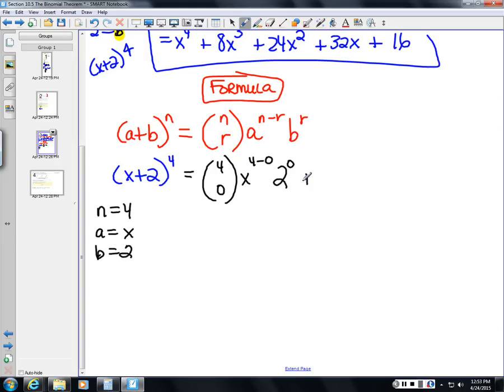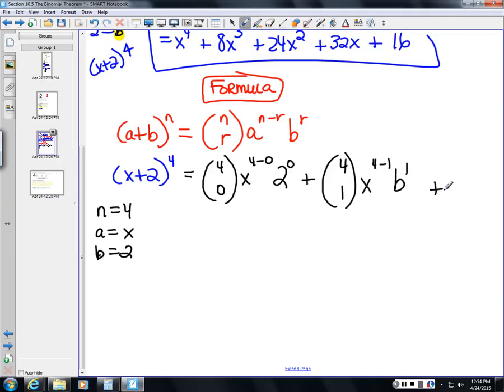And then plus. The next one, n is still 4. The only thing that's going to change is your r every time. So now we go to 1. So this will be x to the 4 minus 1, b to the first.